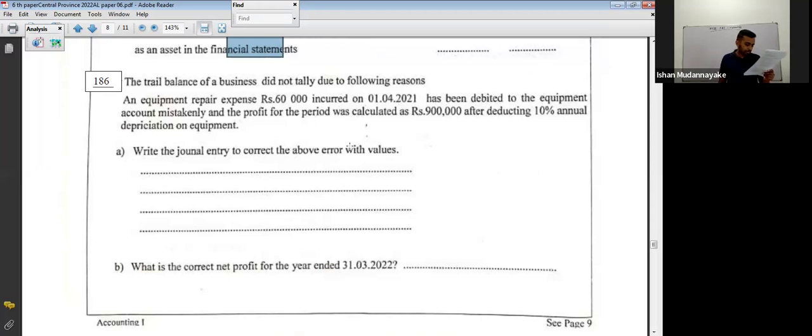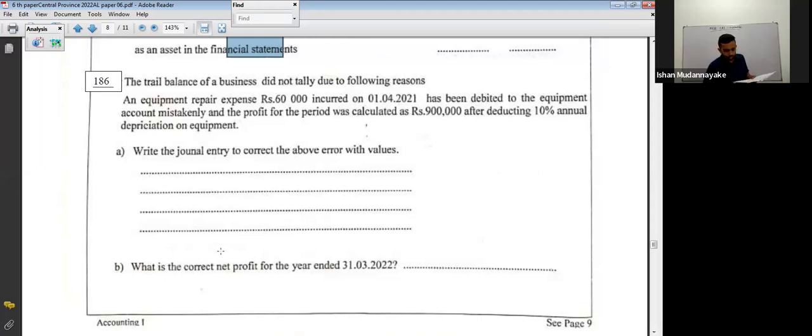An equipment repair expense of 60,000 incurred on 1st April 21 has been debited to equipment account mistakenly. And the profit for the period was calculated as 900,000 after deducting 10% annual depreciation on equipment.